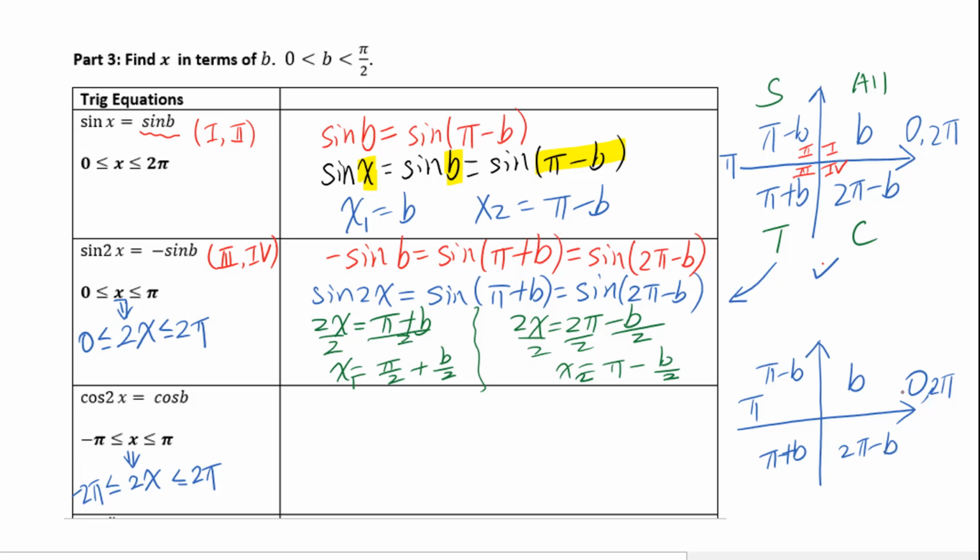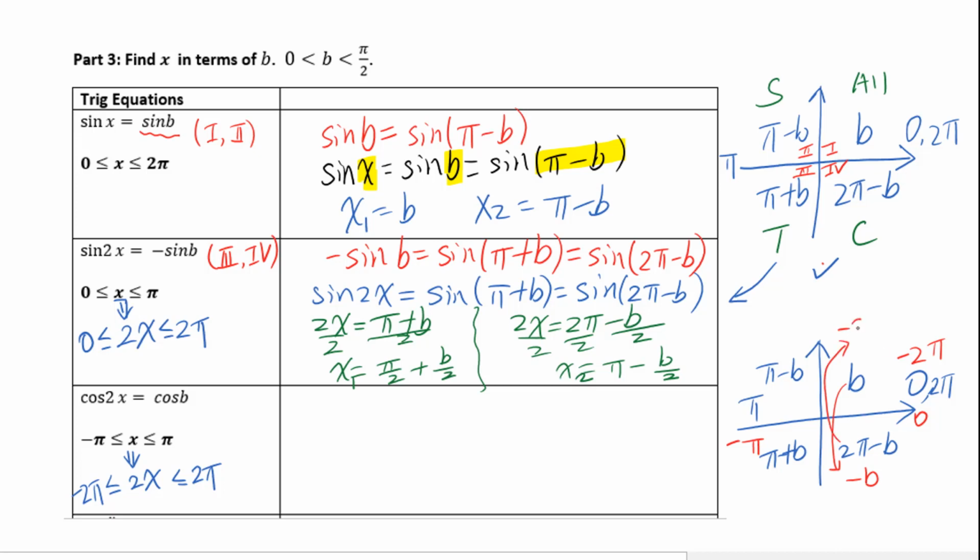Diagram for the closed interval from negative 2 pi to 0. You have 0 here, and negative pi, negative 2 pi. So get the opposite. You will get negative b.